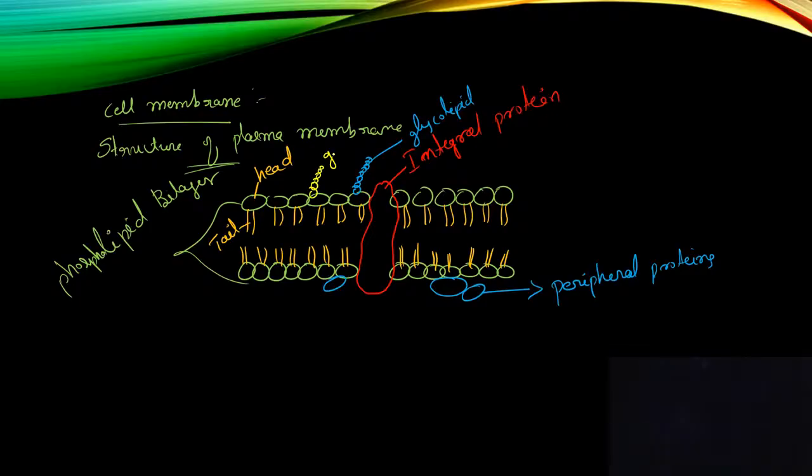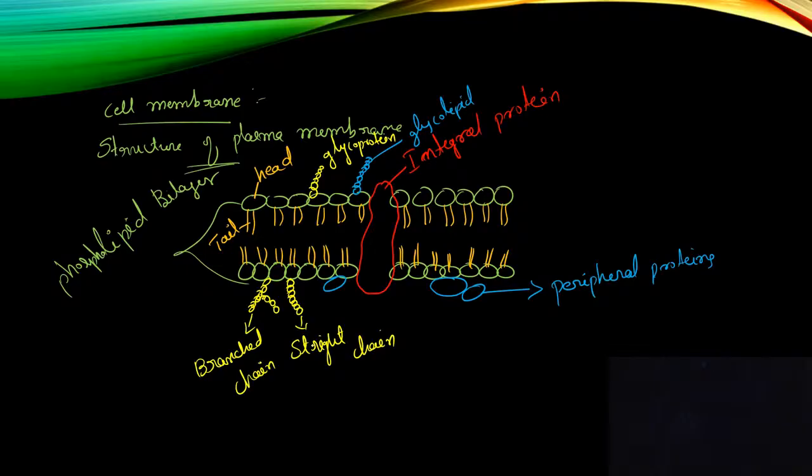It's a glycoprotein. The glycolipid or the glycoprotein may be a straight chain like this, or a branched chain. This is a straight chain. This is a branched chain.